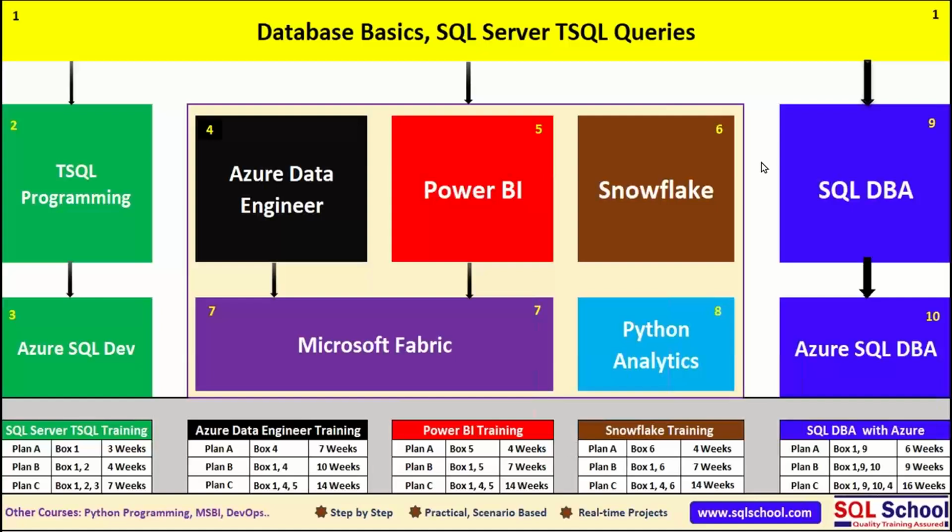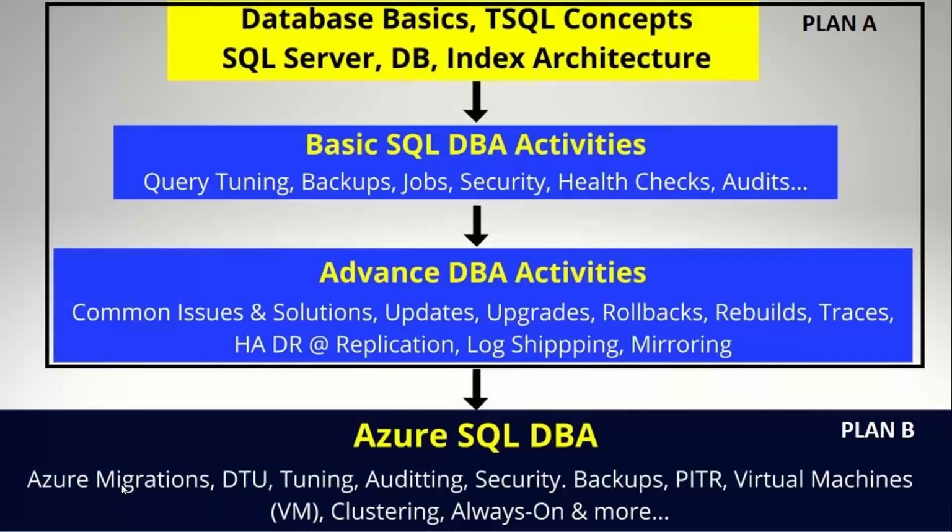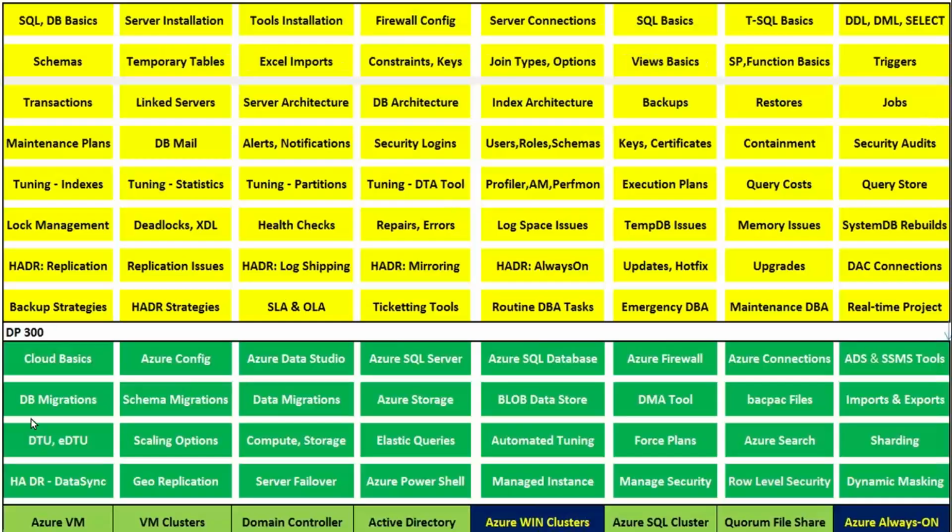So here it is. What we are going to learn in this one, number 10: Migrations. Architecture part called DTU, Data Transaction Units, and VPU, Virtual Purchasing Options. Tuning, auditing, security, backups, restores, and virtual machines, and so on.